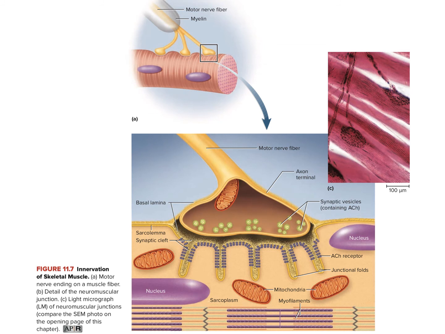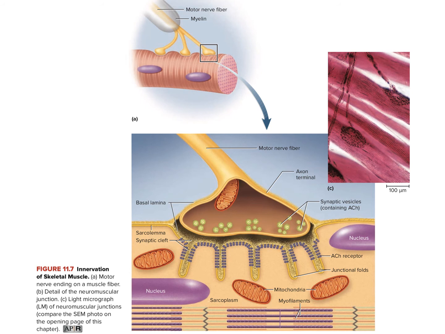Now, let's see what happens at the level of the neuromuscular junction. I'm talking about the neuromuscular junction. It means that a nerve is innervating a muscle. So the neurotransmitter at the neuromuscular junction, which is the synapse, let's say, between a nerve and a muscle, is always acetylcholine.